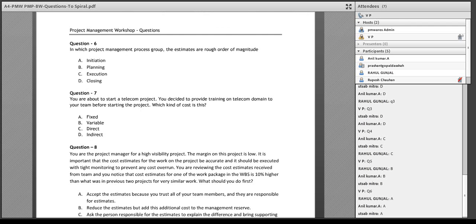Question number 6, A. Okay. Very good. Great going. Question number 7, C. Question number 8. I think cost is the simplest chapter, it looks like.